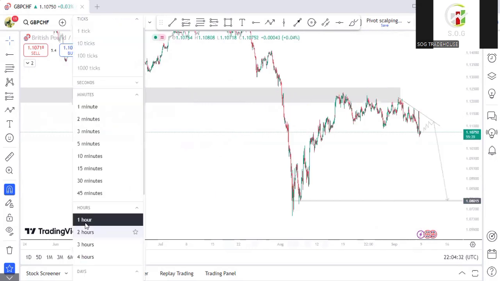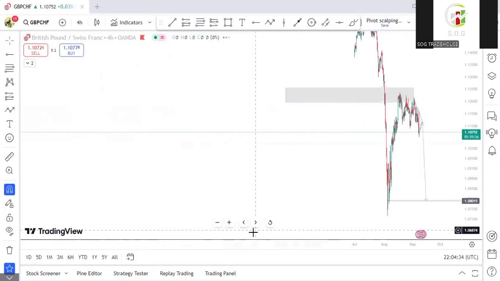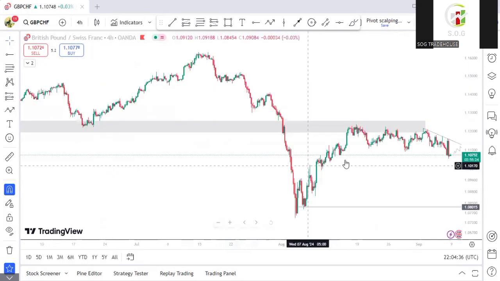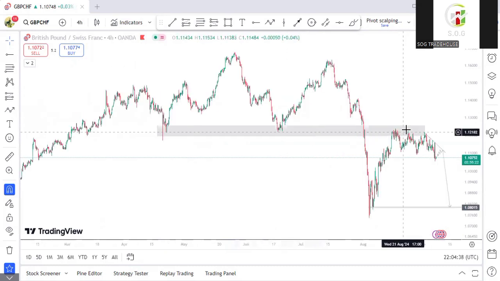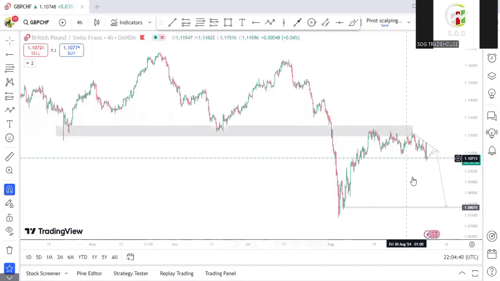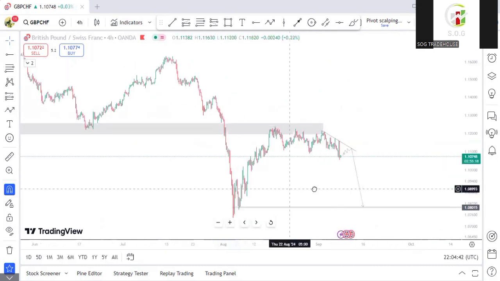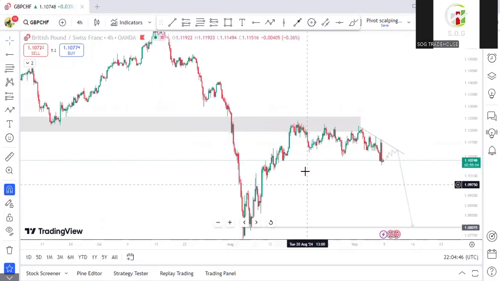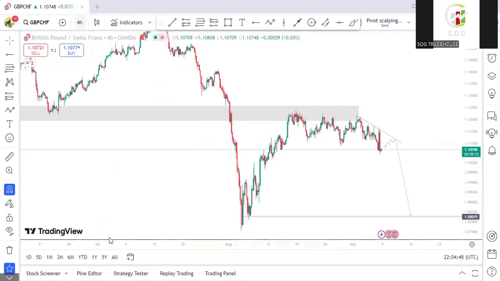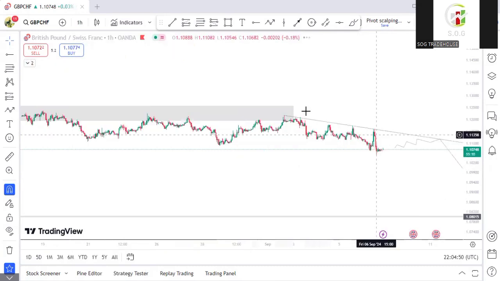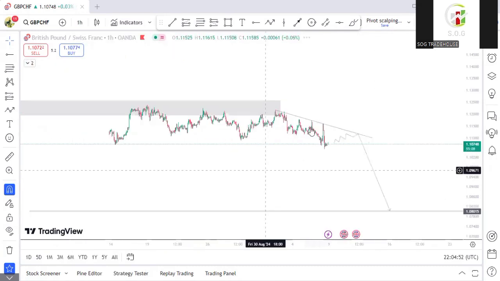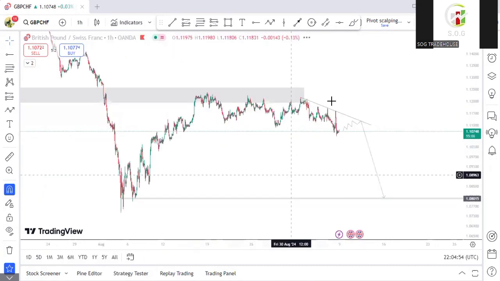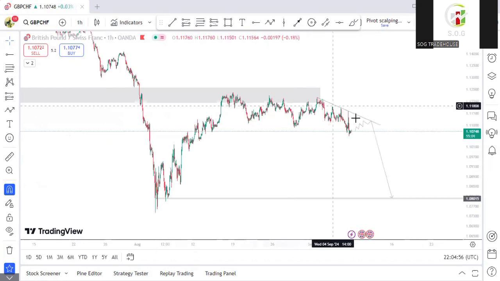We'll go back to the 4-hour time frame. You can see the market respecting this resistance level. So, like I said, we use the 4-hour to know the trend and the 1-hour for entries. So we go down to the 1-hour time frame. You can see a 1-hour trend line, and the market is respecting it.